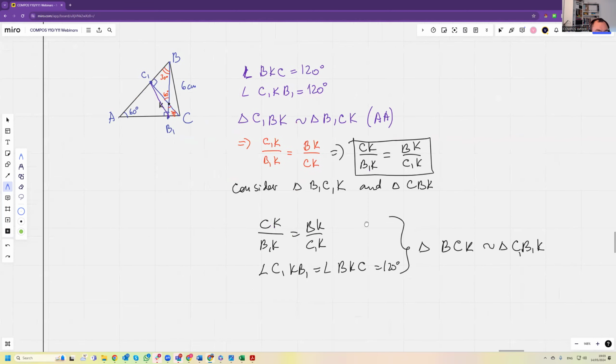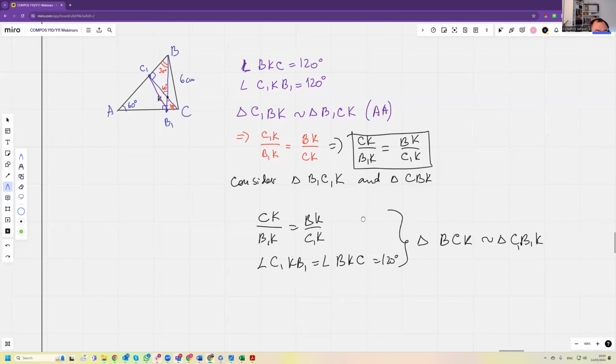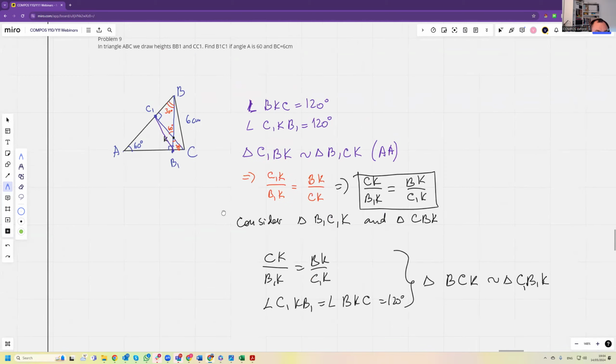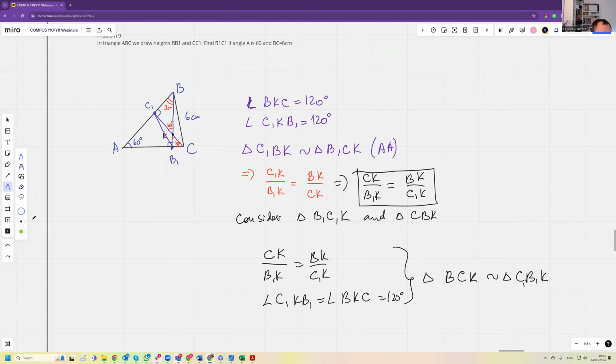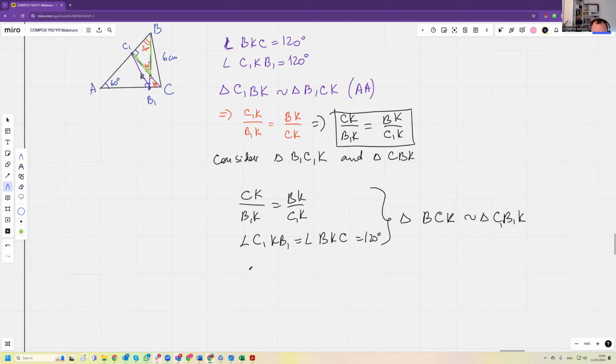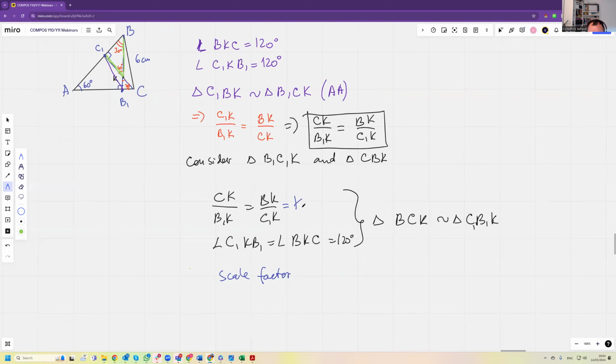Well, let's see. So this side, BK, corresponds to this side. So the scale factor K is BK to C1K.